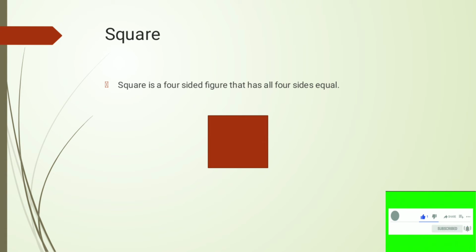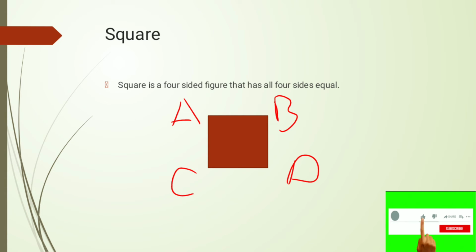Okay, so let's measure then. First we're going to name it: A, B, C, D. Now we will check the measurement of it.